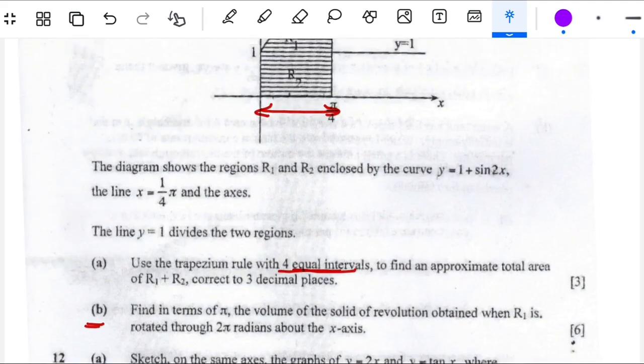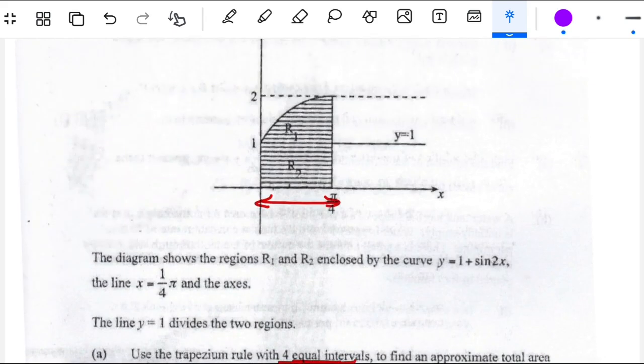Now there's a little trick because we're looking for R1 only. So which means we want when this region here is rotated. So we need to find the whole region minus this region. That's why we're going to get this one.